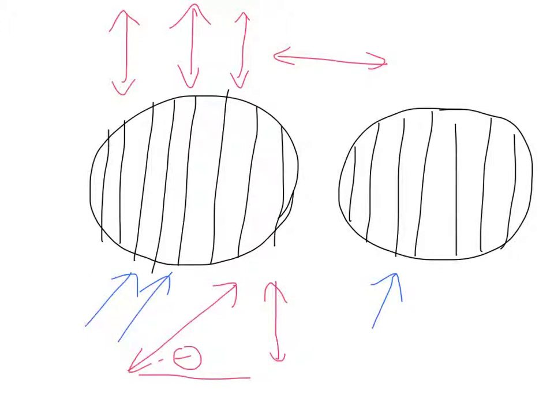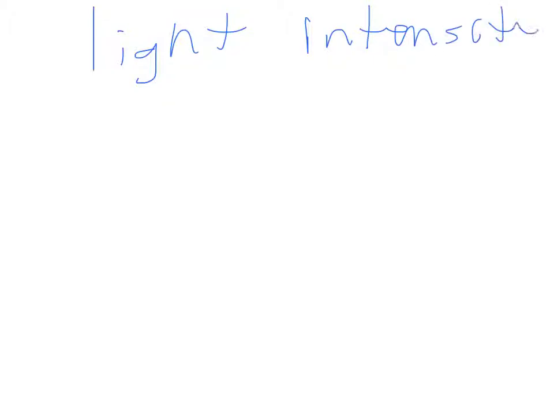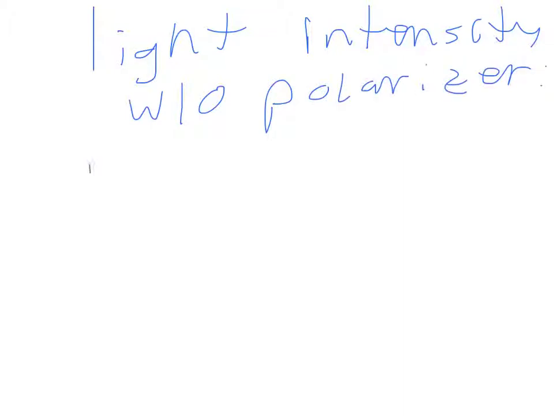So if you think of the intensity of the light without any polarizer to be, I'll call it intensity 0, the units of that would be watts per meter squared.